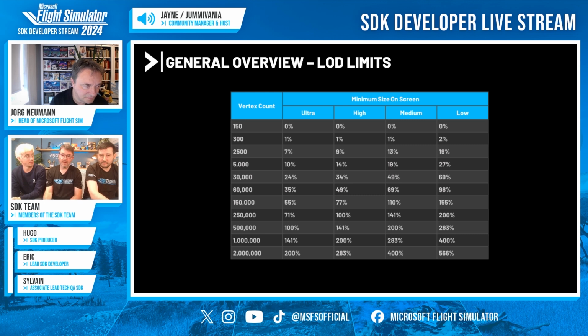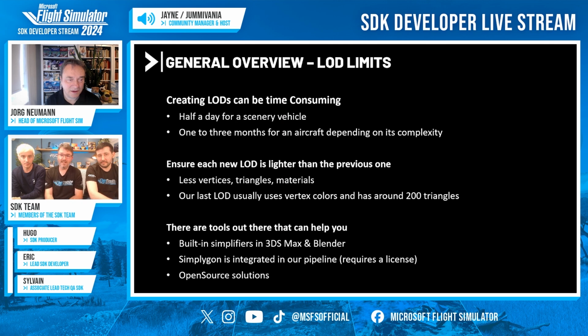In the chat, maybe people will start complaining, but don't worry, we have explanations. It doesn't mean that your whole aircraft is limited to 250,000 vertices. An object that has 2 million vertices won't appear until it occupies 283% of the vertical screen size. These are the limits we set. Don't be afraid right now. We'll explain in a few minutes why this is not a problem anymore. Let's switch to the next slide.